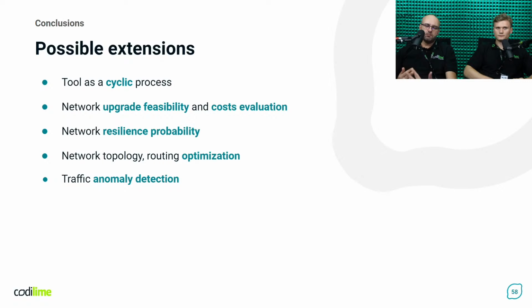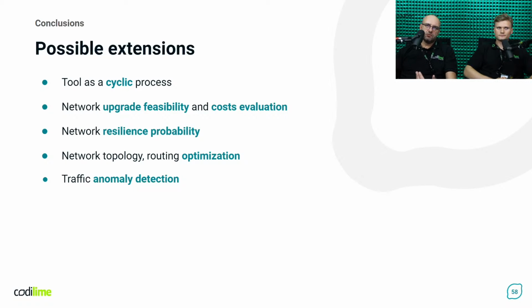So also, we demonstrated how the network configuration can be changed. We made such an exercise using our skills and did it manually, providing new routing metrics, changing the configuration, and we used our tool to evaluate if it helps, if it improves our performance.